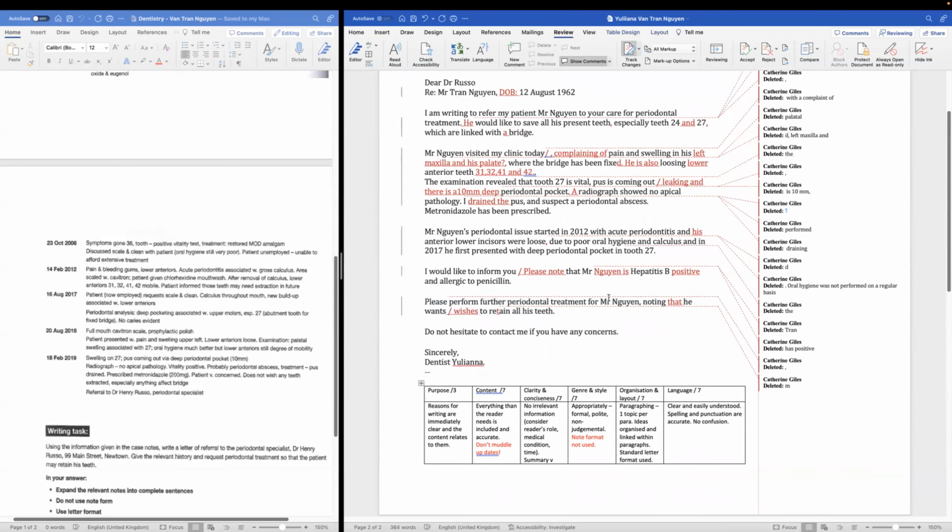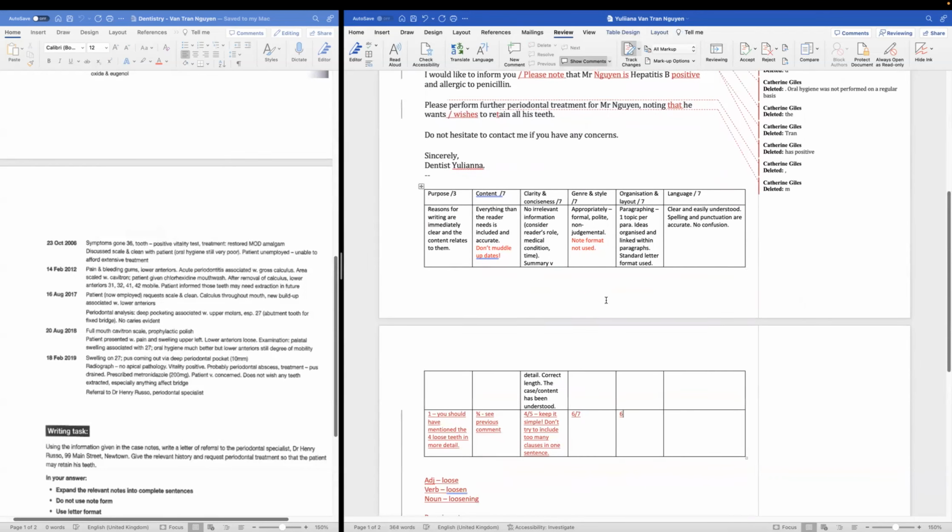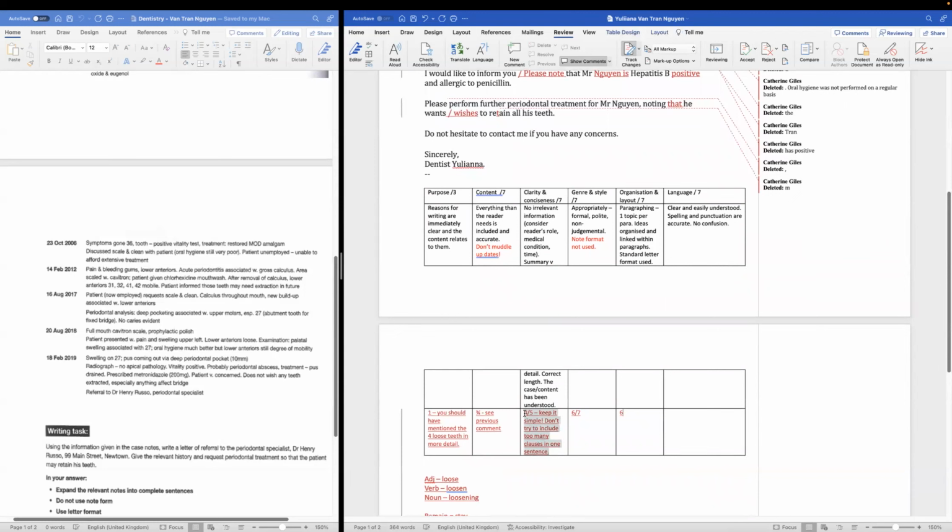Language is good. There's a couple of dangerous spots where I'm nearly confused, but again, that comes down to this issue here. Keep it simple. 5 there. So exactly the same as Yuliiana. You've got a C plus.